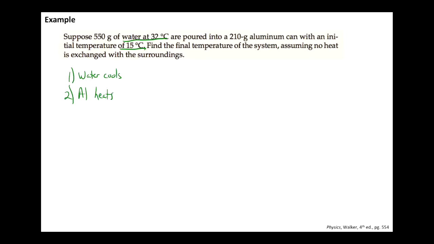The water will cool, and Al is going to heat. For both of these, we're looking at temperature changes. Neither of these are anywhere near a phase change, so we're not going to have to worry about that at all. So for both of these, MC delta T will describe the connection between how much heat is gained or lost and how much temperature changes. So what we can do is use our calorimetry equation, the sum of Q is equal to 0.